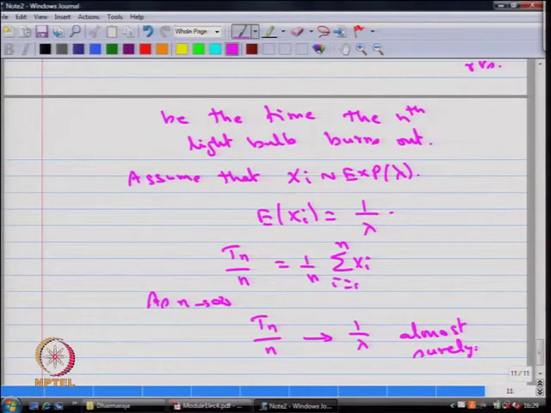I am not proving it here. A sequence of random variables can converge to another random variable in probability, in distribution, in rth mean or almost surely. One can prove that Tn by n converges to 1 by lambda almost surely.